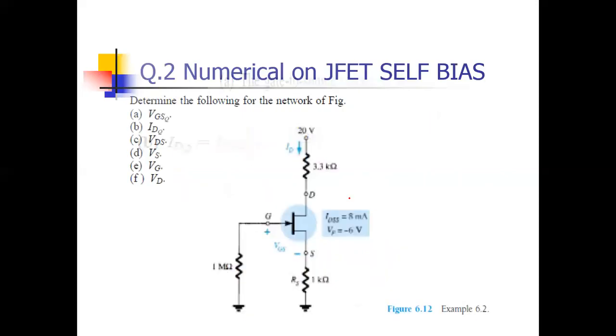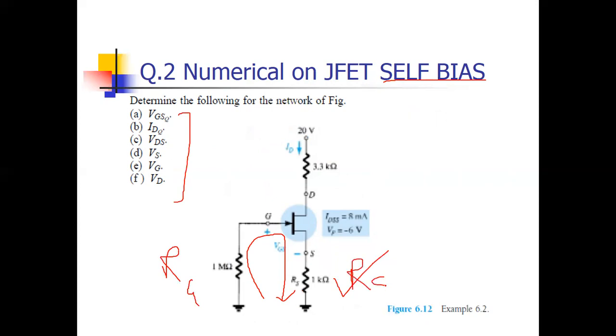Okay. Now how? First of all, what we want is VGS. Now there is no VGG. If you apply KVL here, this is your RG and this is your RS. The gate current is 0, so nothing is here, so it is 0. Then you are moving from plus to minus, so minus VGS.